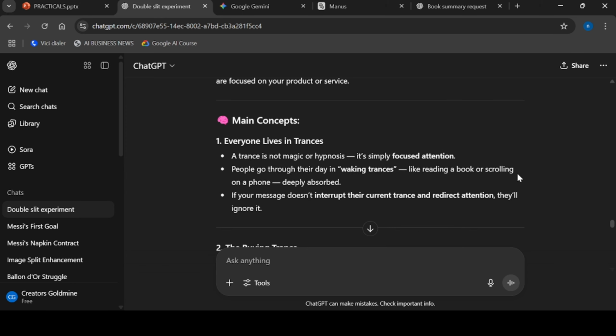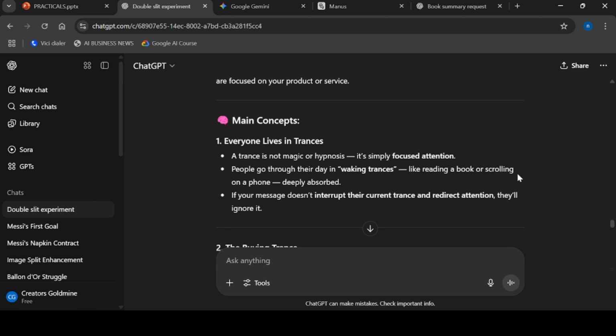Now, these are the main concepts of the book. Number one, everyone lives in a trance. A trance is not magic or hypnosis, it's simply focused attention. People go through their day walking in trances, like reading a book or scrolling on a phone, deeply absorbed. If your message doesn't interrupt their current trance and redirect attention, they'll ignore it.